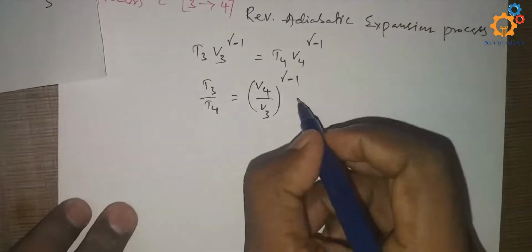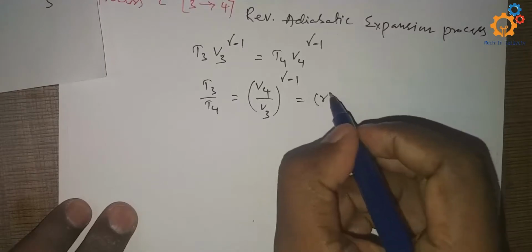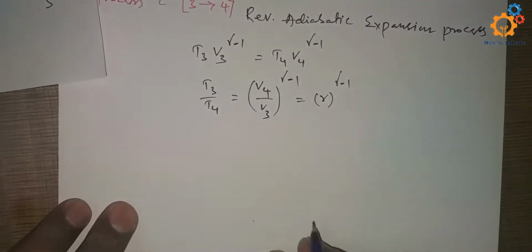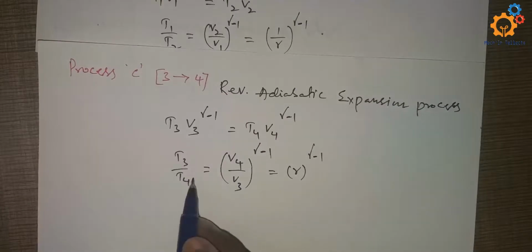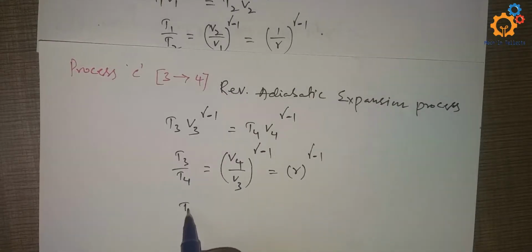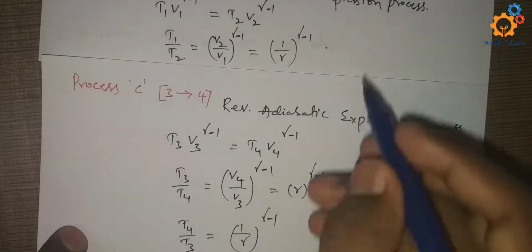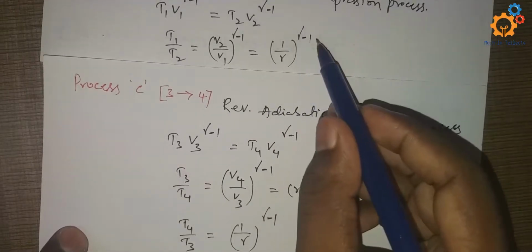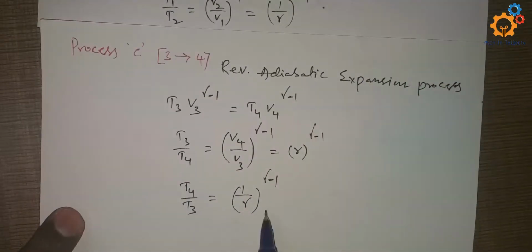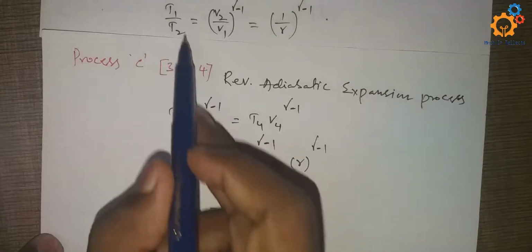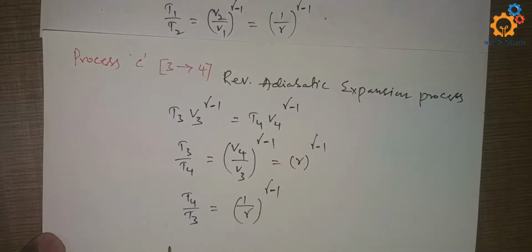So V4 by V3 can be taken as compression ratio R power gamma minus 1. Now this can be written as T4 by T3 is equal to 1 by R power gamma minus 1. If you look, T1 by T2 is equal to 1 by R power gamma minus 1, and T4 by T3 is also equal to 1 by R power gamma minus 1. Therefore we can write T1 by T2 is equal to T4 by T3.